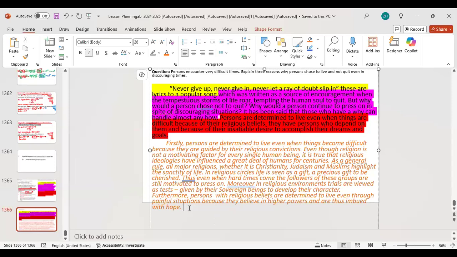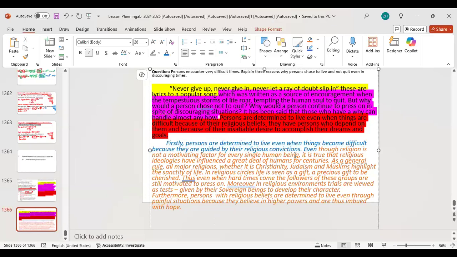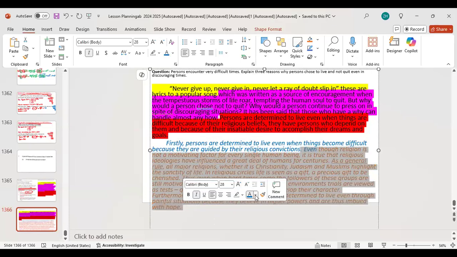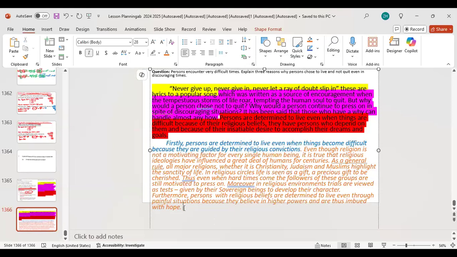With this conviction, they know that better times are ahead. So let me just separate this. This is our topic sentence. This right here is what we call our supporting details. We need one more part.